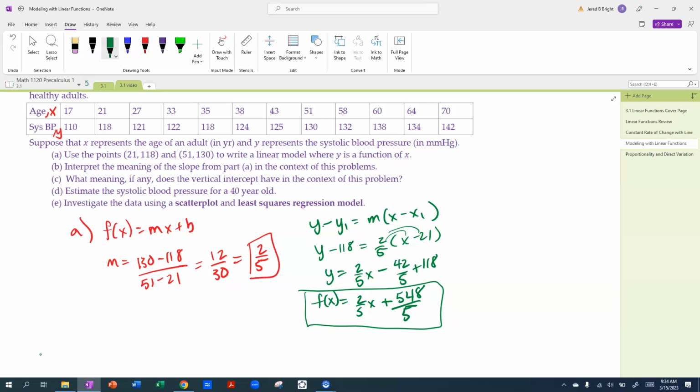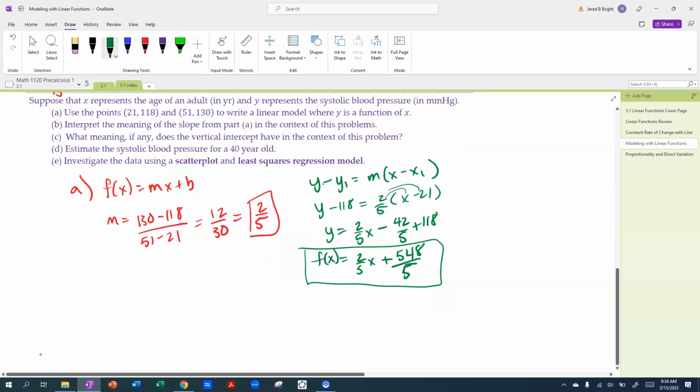That is the rise over the run. Up here would be the systolic blood pressure, and down here, this is the age in years. So we would say if we increase the age in years by 1 unit, because again, we could view this as 1, systolic blood pressure would increase by 2/5, or 2/5 millimeters mercury.